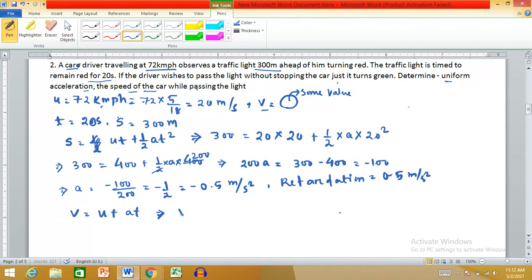V is equal to u, which is 20, plus a, which is minus 0.5, times t, 20. This is equal to 20 minus 0.5 into 20, that is 20 minus 10, which is equal to 10 meter per second.